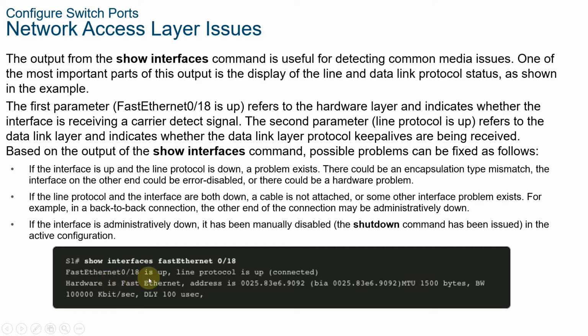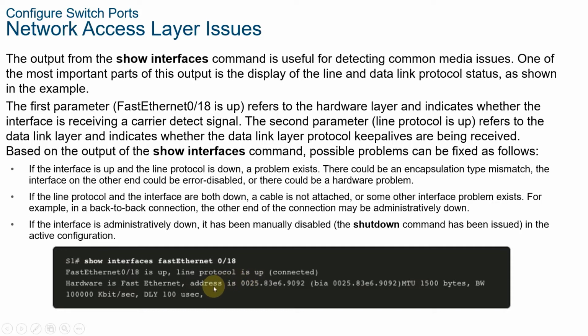So it has something to do with the hardware. The line protocol is up has something to do with the software. The second parameter, the line protocol, refers to the data link layer and indicates whether the data link layer protocol keepalives are being received.